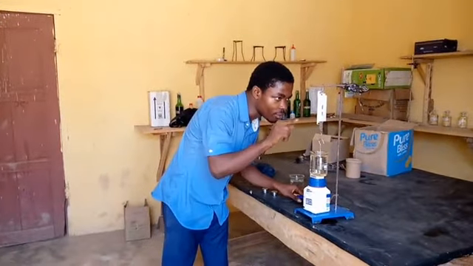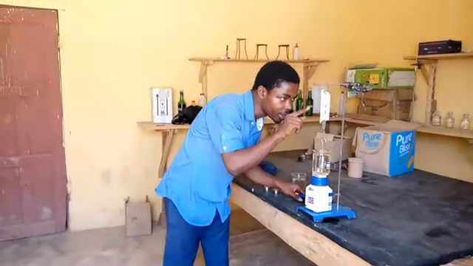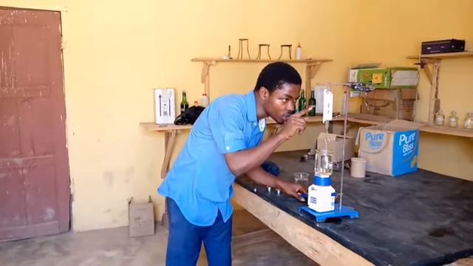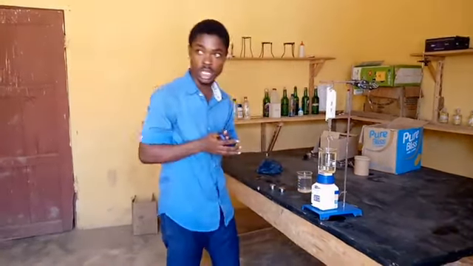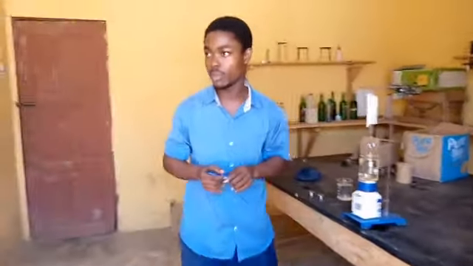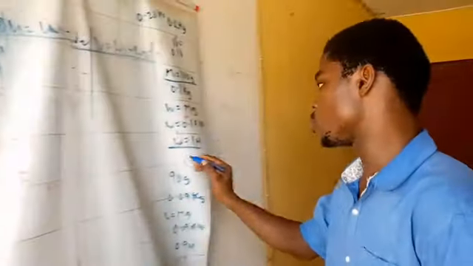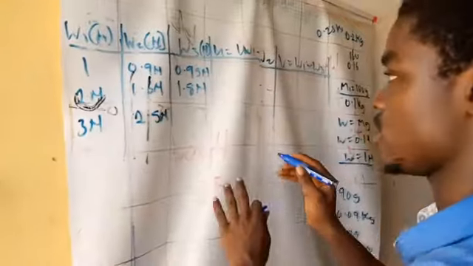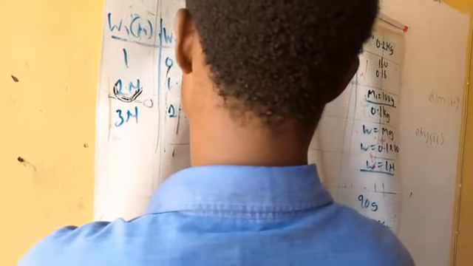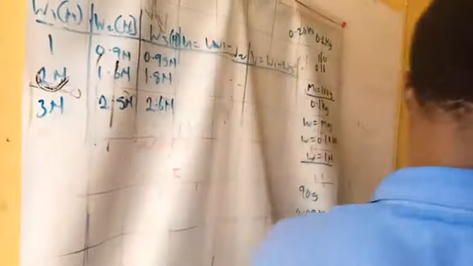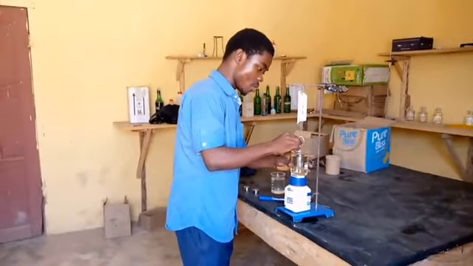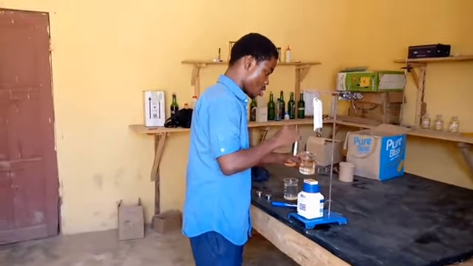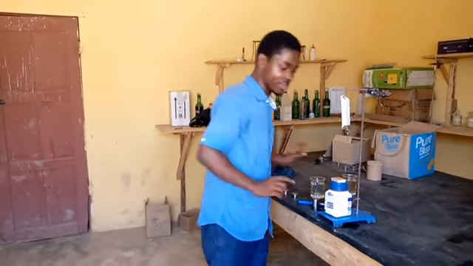So we have 100, 200, 220, 240, 260. So this is 260 grams. So 260 grams will be going to 2.6. So from here we have 2.6 Newton.